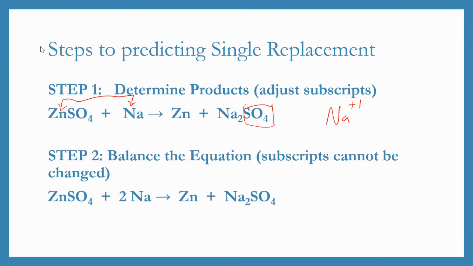So if sulfate is -2, it needs two sodiums to neutralize that charge. And that's why we have Na2SO4. All right, and then we balance it. So if we have two sodiums, we needed a two here.